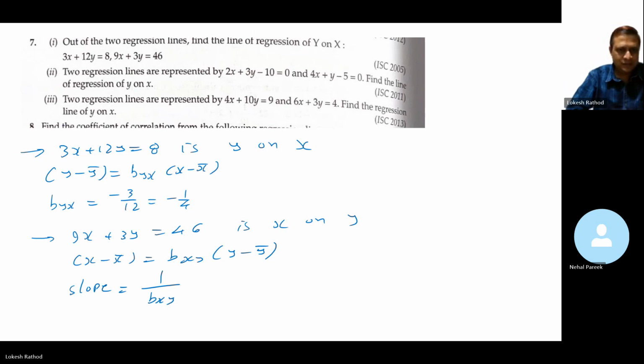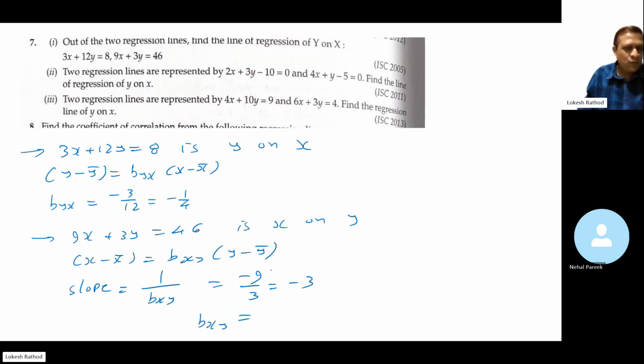So y minus y bar is m times x minus x bar, and the slope of this line is minus 9/3, minus 3. So bxy is the reciprocal of this, minus 1/3.